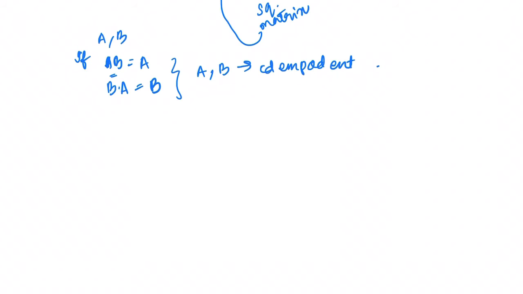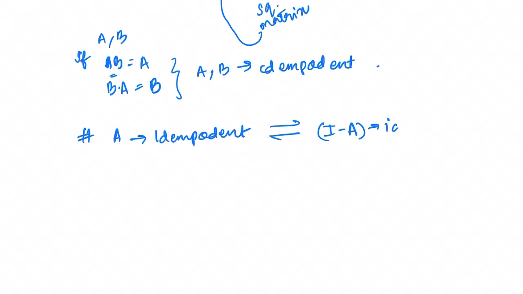And if your A is idempotent, then I minus A is also idempotent, where I is your identity matrix. Or vice versa: if identity matrix minus a matrix is idempotent, it means that this A is an idempotent matrix.